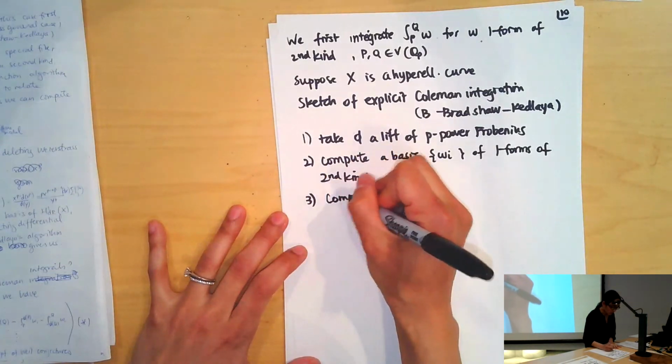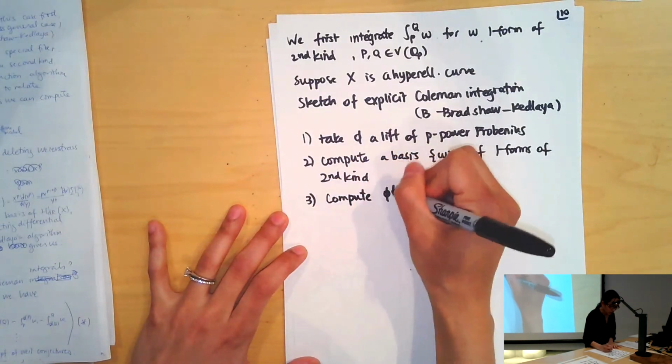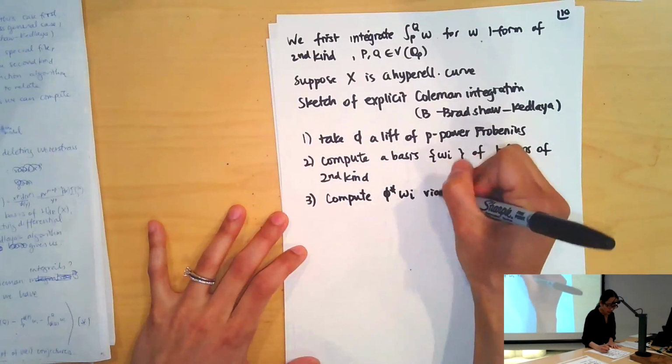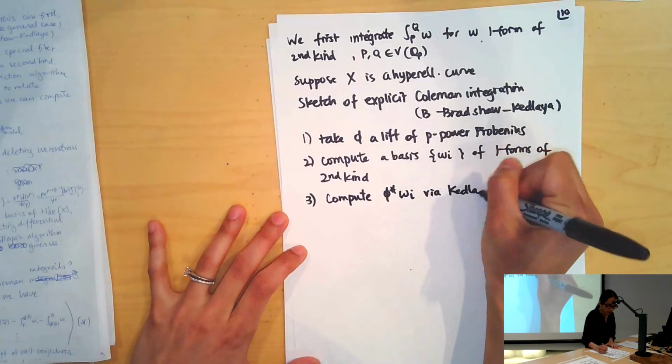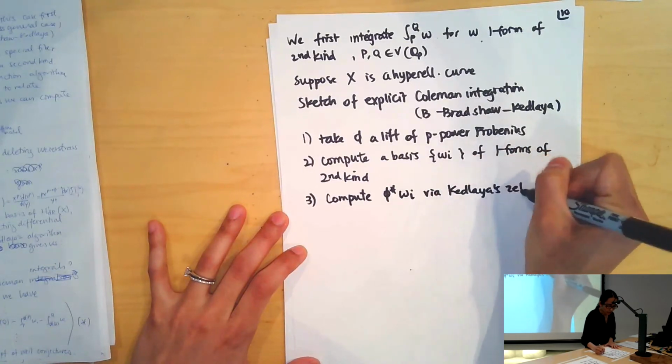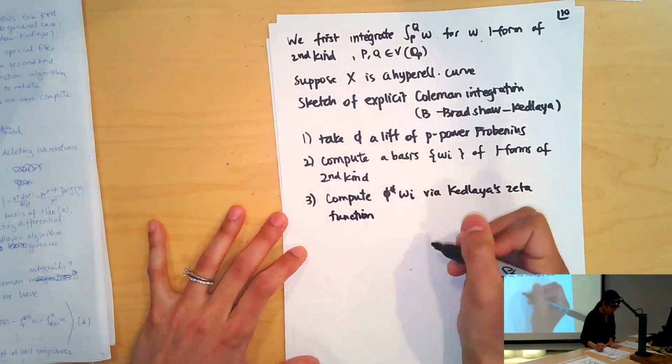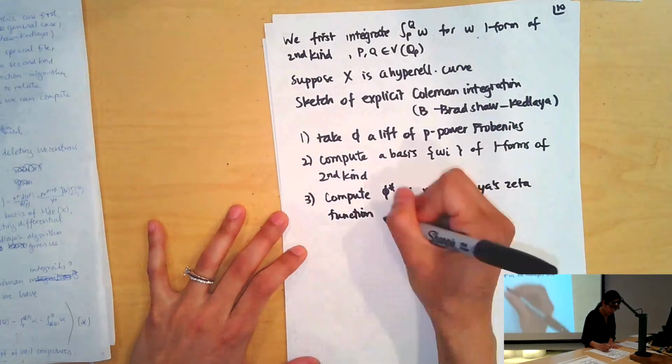And we're going to compute the action of Frobenius on one of these differentials using Kedlaya's zeta function algorithm, so counting points on curves using Monsky-Washnitzer cohomology.